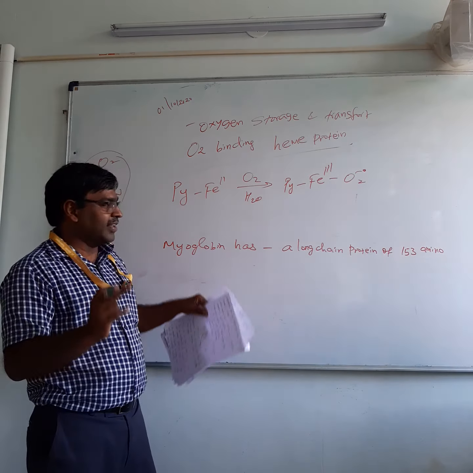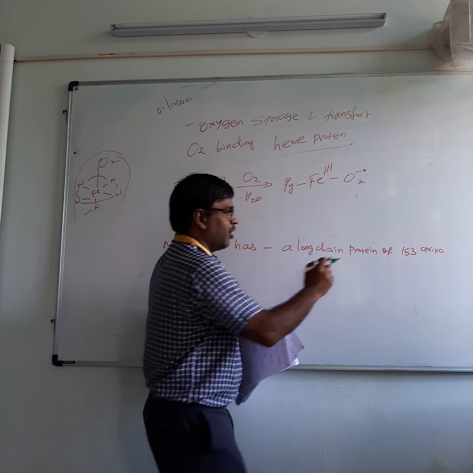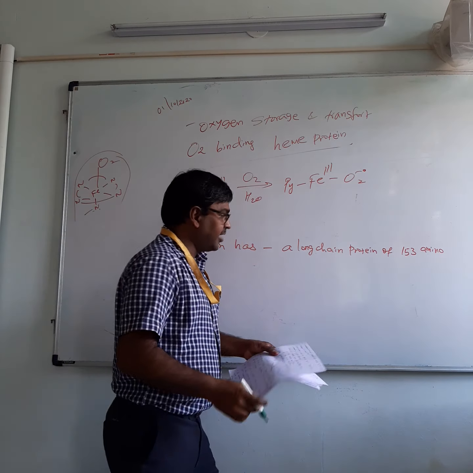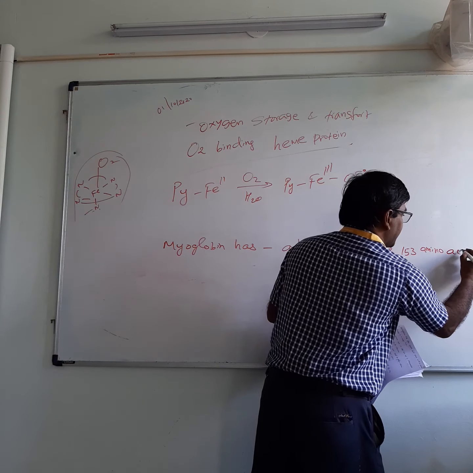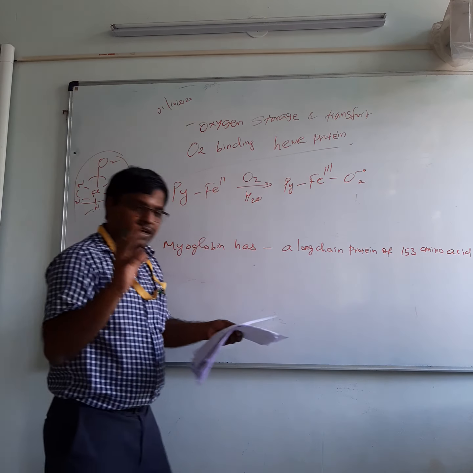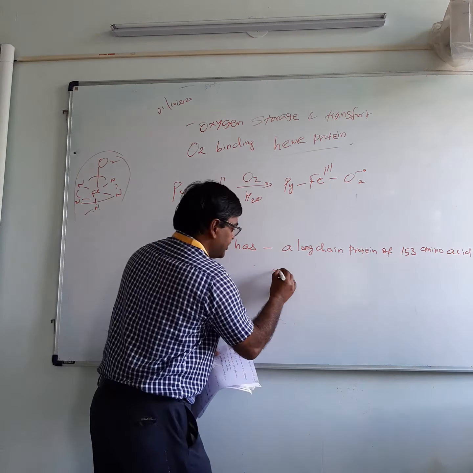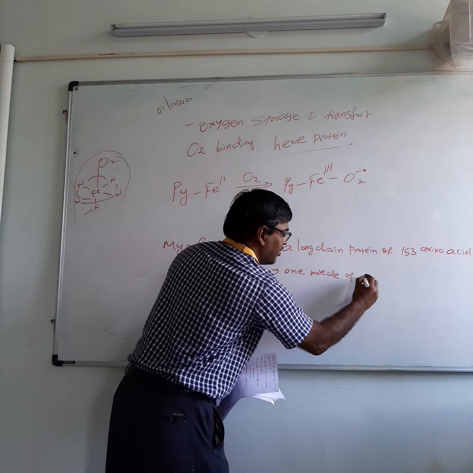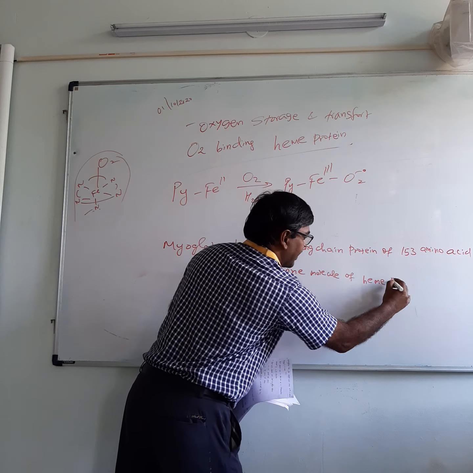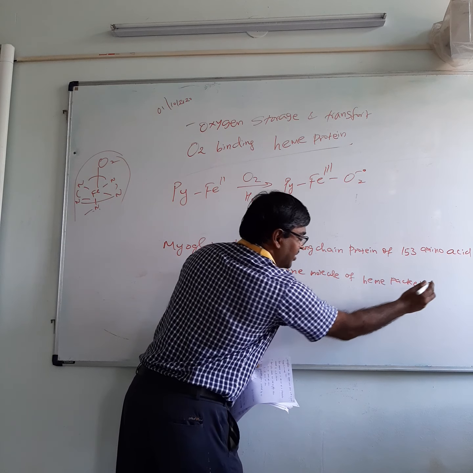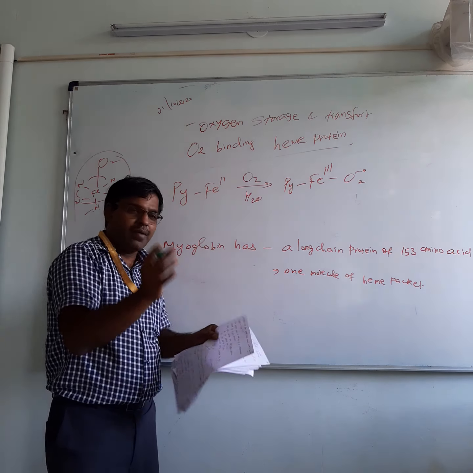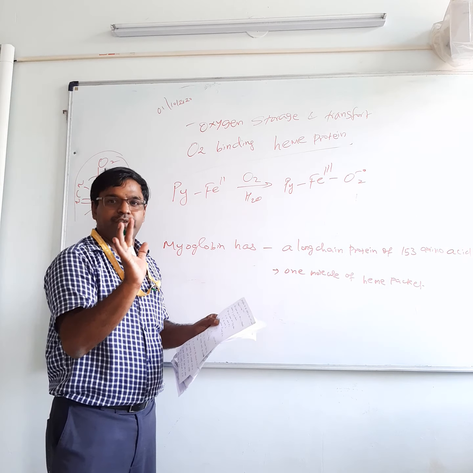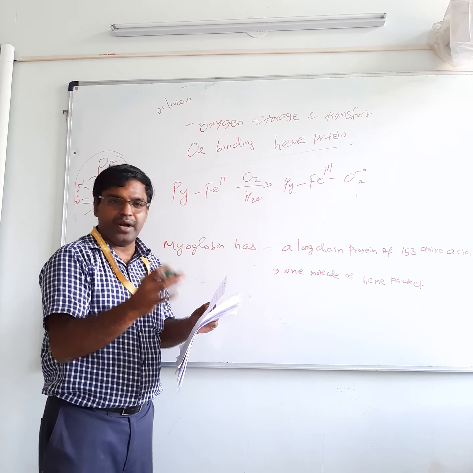But here the myoglobin has only 1 long chain protein of 153 amino acids, having 1 molecule of heme. That means it is a similar environment, but it is a monomeric form. That is the difference between hemoglobin and myoglobin.